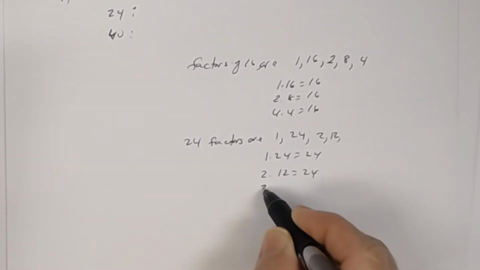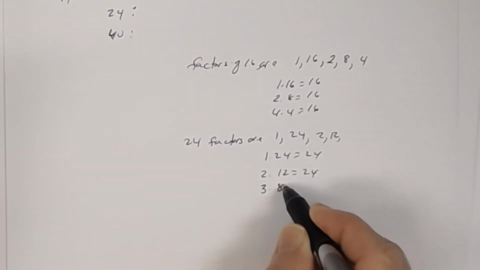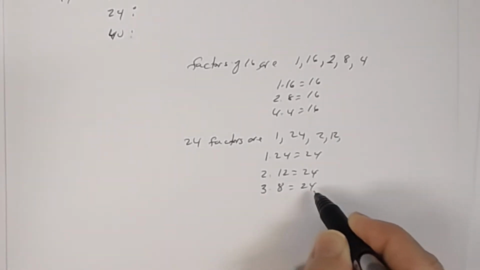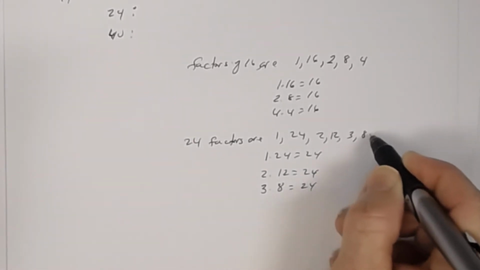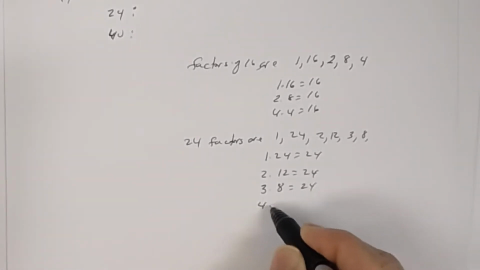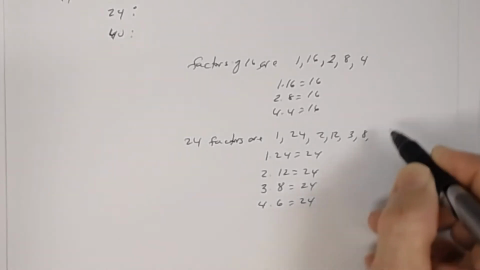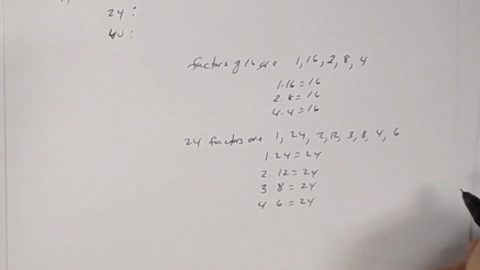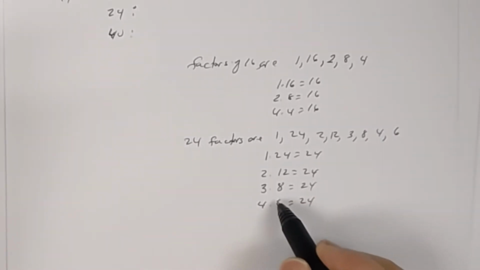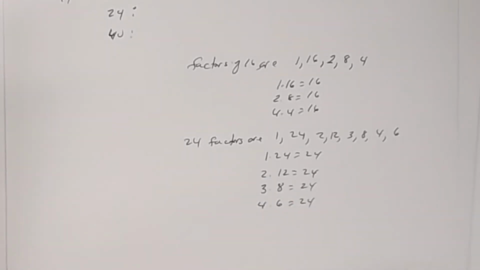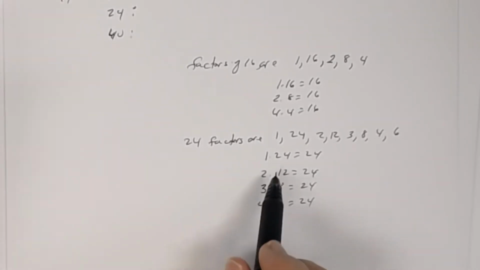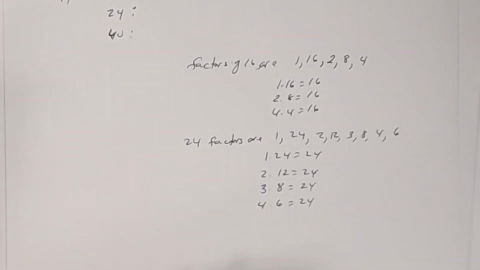Then we can say 3 times 8 is 24. So 3 is a factor, 8's a factor. Then we can say 4 times 6 is 24. 4 is a factor, 6 is a factor. And that should be it. Okay, so those are the only factors of 24. So those are the only whole numbers whose product is 24.